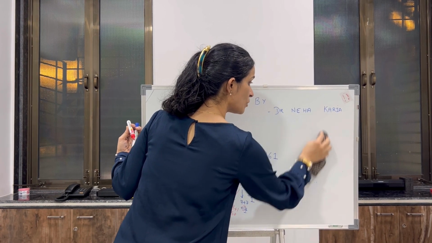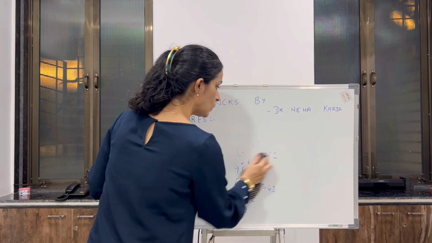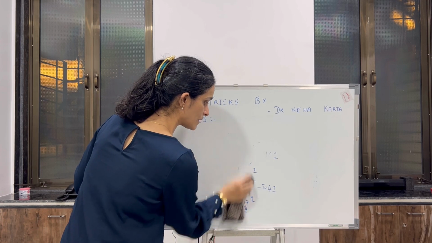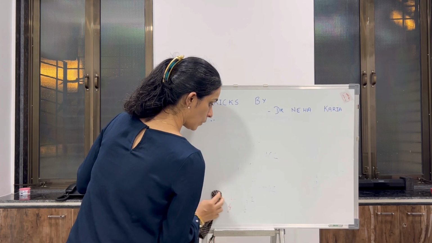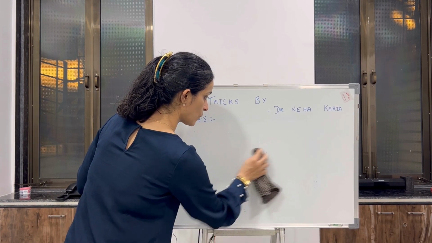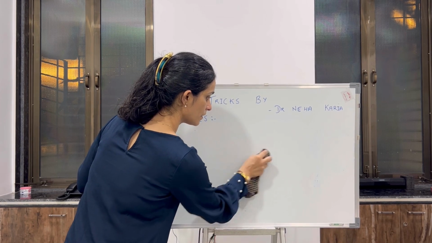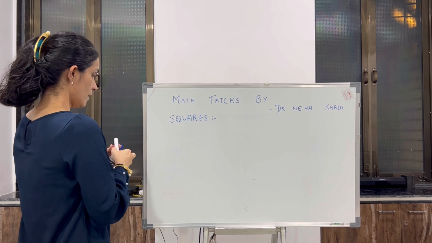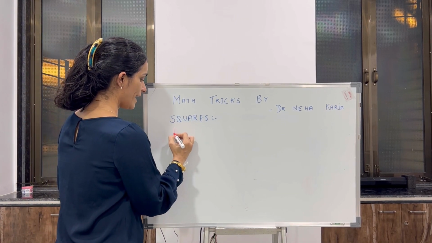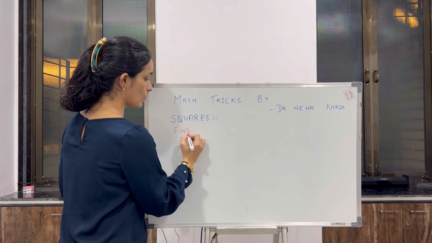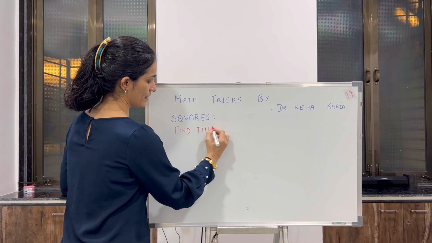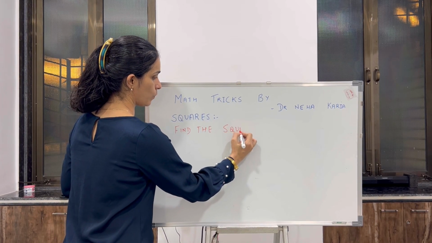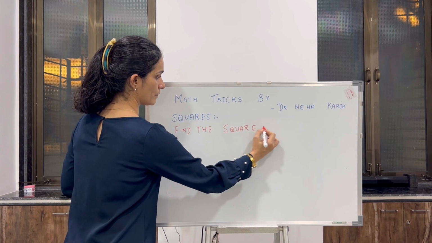This trick can also be used in your school when you have those big questions where you have to find the squares or square numbers. So to find the square of any number, let me just take a very easy number.